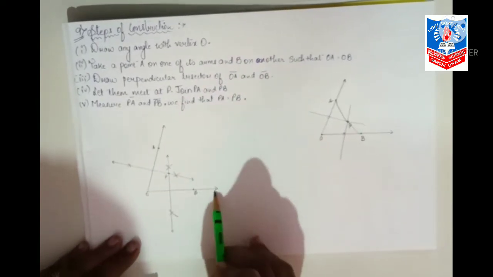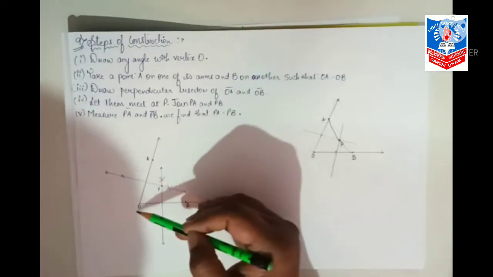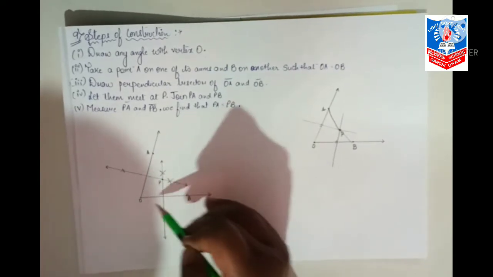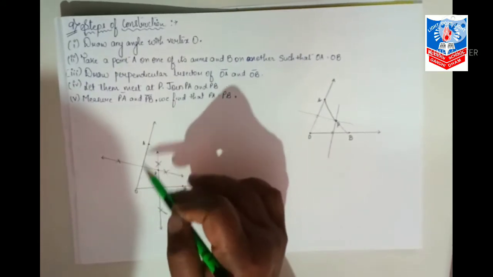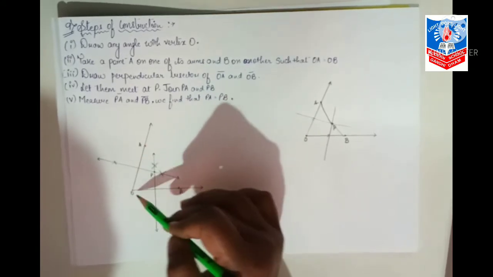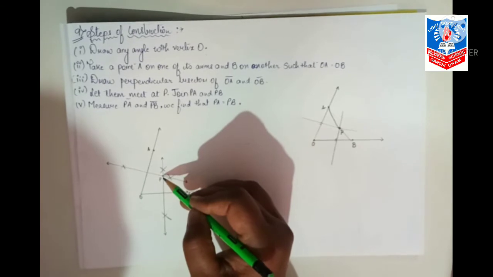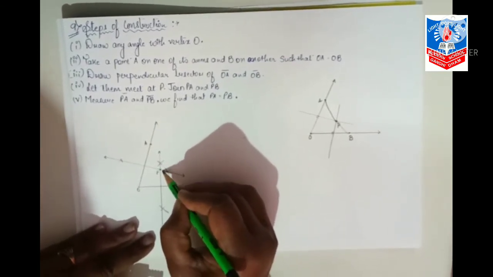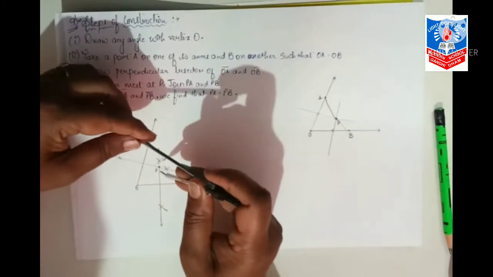I have made an angle with vertex O. Now OA on one of its arms and OB on the other arm. I have made these bisectors also. You know how to draw the bisectors of OA and OB on these two arms. Now see where these bisectors meet. See here at point P. Now let us measure PA.